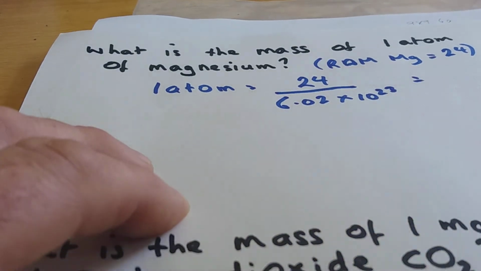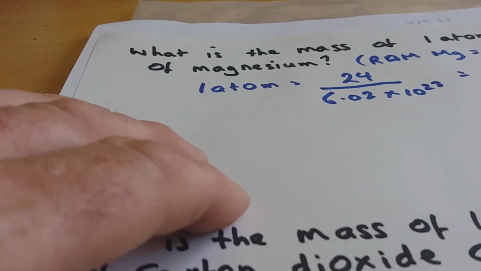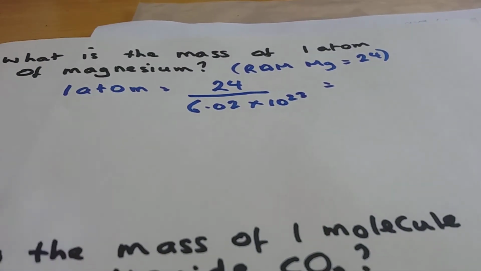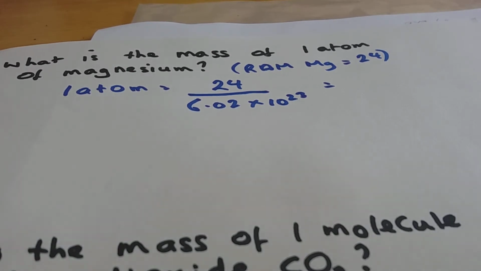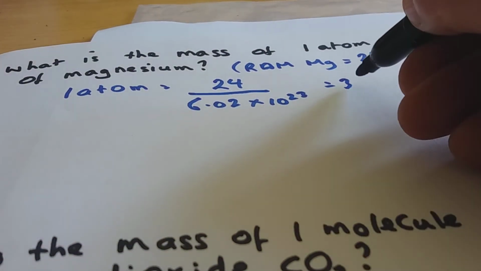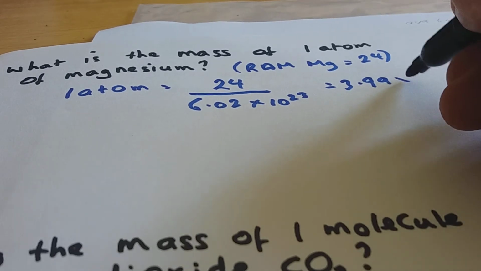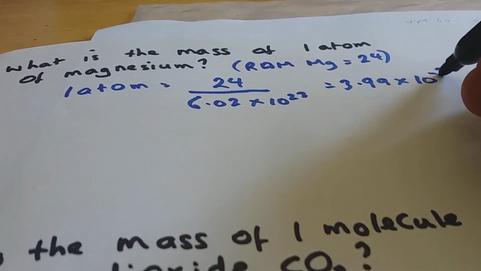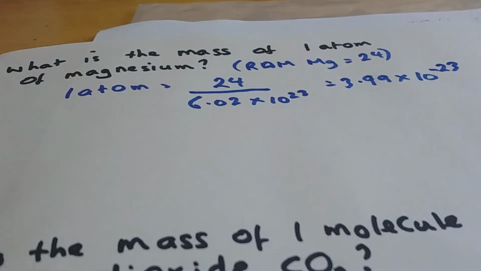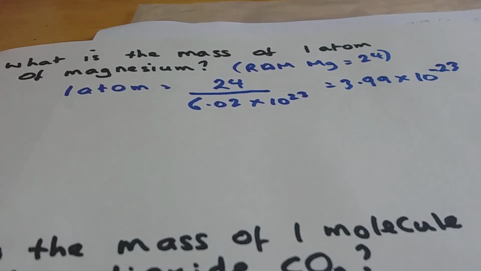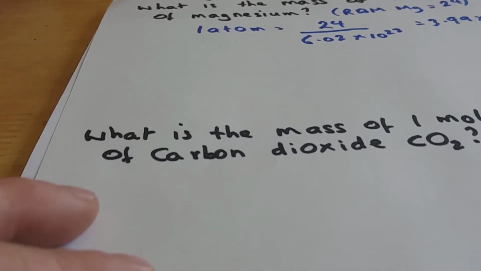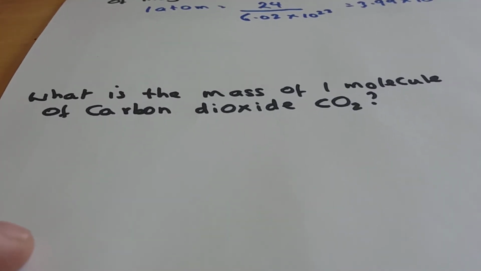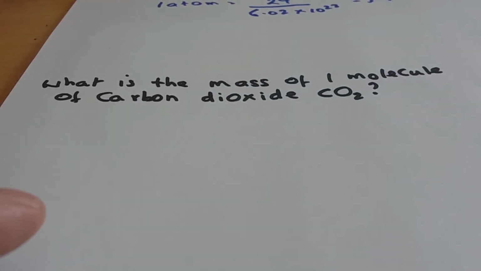And that will come out as 3.99 times 10 to the minus 23. And it's minus because remember you're dividing by 10 to the 23. So just remember that. Now you can do exactly the same again with 1 molecule.